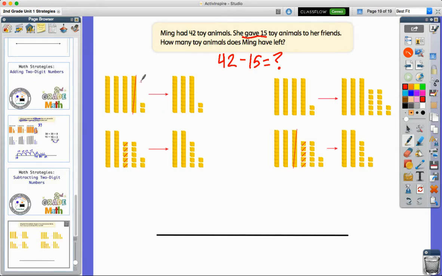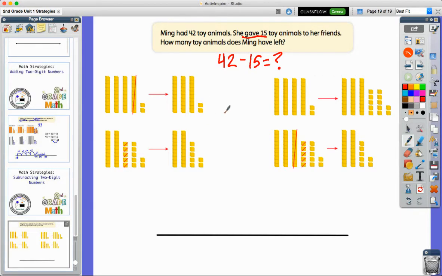But you'll notice that they have marked out one of the tens because in this example, they're going to subtract the one group of 10 first. So they're taking away that group of 10. So instead of having 42, we now have 32. So they've subtracted the group of 10, but now we still have to take away the 5 ones. The problem is we only have 2 ones left.